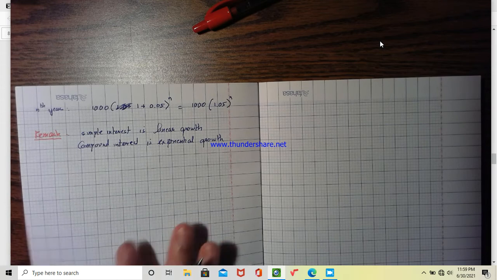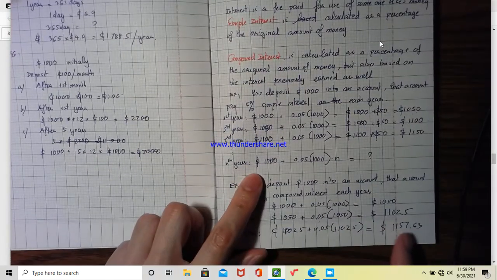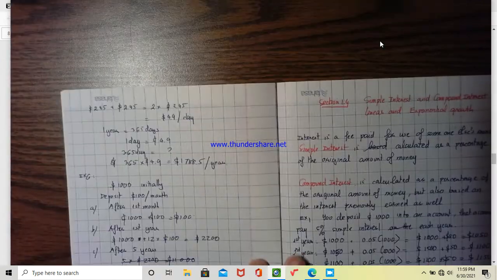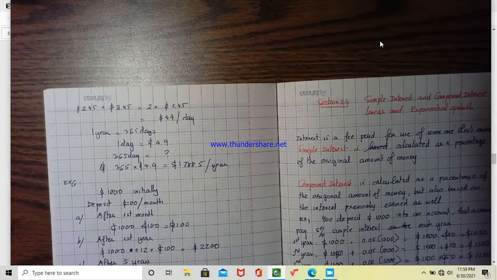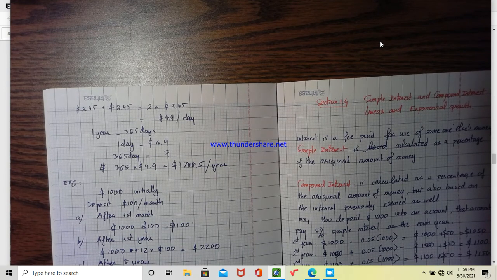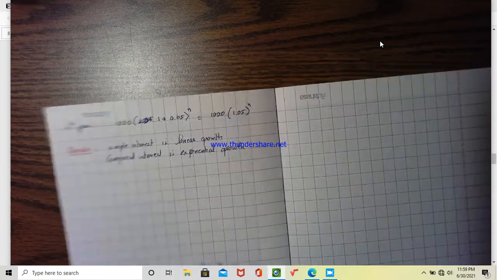That's why in the second example, the amount of money is growing faster. I can give you another example like this. Example number 3.